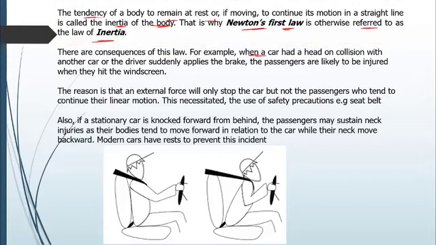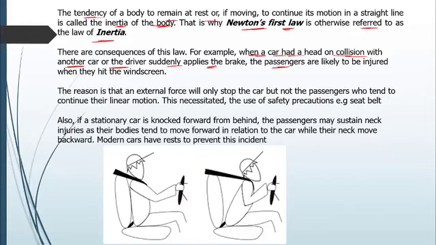For example, let's say a car has a head-on collision with another driver. In other words, two drivers are coming in opposite directions and they are to collide with each other face to face, and one of the drivers suddenly applies a brake. Something is going to happen.